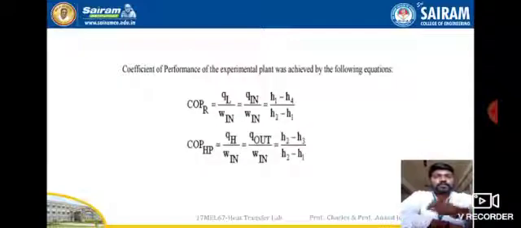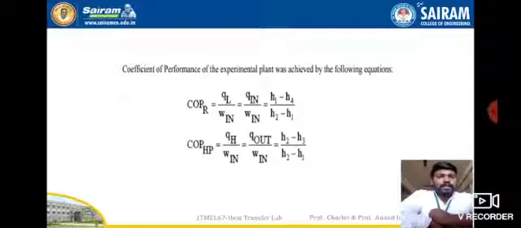Next, the coefficient of performance of the experimental plant is obtained by the following equations, right? First, COP of refrigerator is equal to QL divided by W in. That means heat input divided by work input, that is output by input.